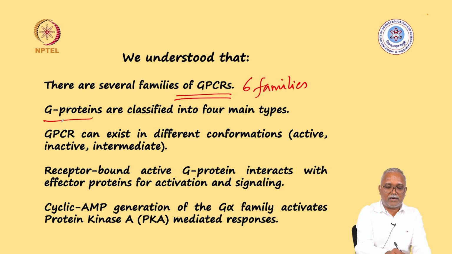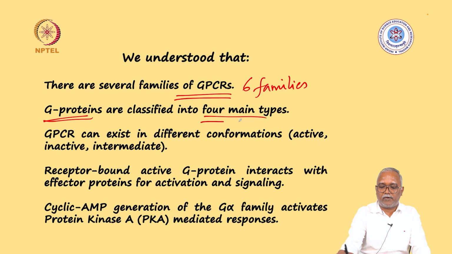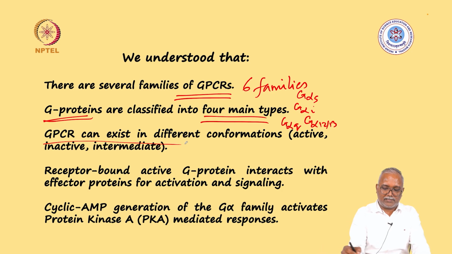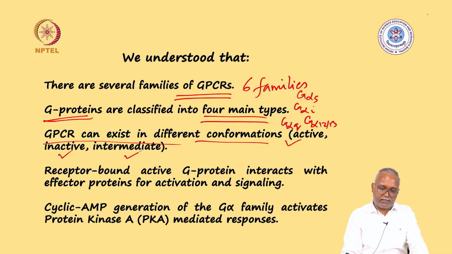Then the G protein as such, which is working downstream of GPCR, there are 4 main different types: G-alpha-S, G-alpha-I, G-alpha-Q and G-alpha-12-13. GPCR can actually exist in different conformations, one which is active, inactive or intermediate state, and this receptor bound active G protein will activate the effector protein for signaling to continue.